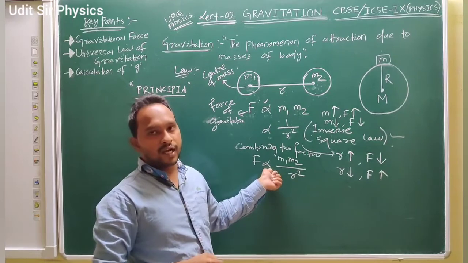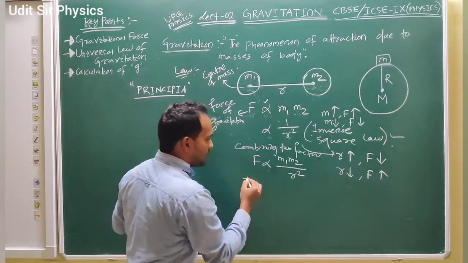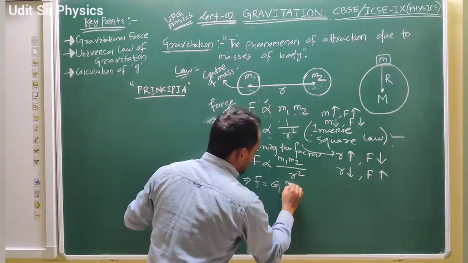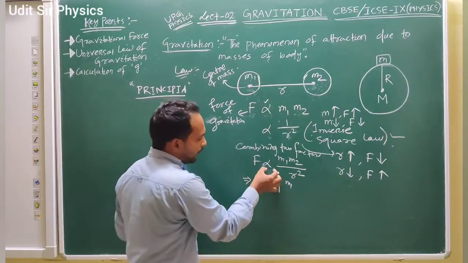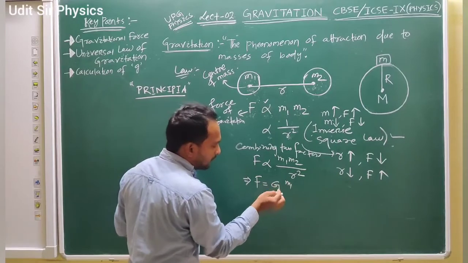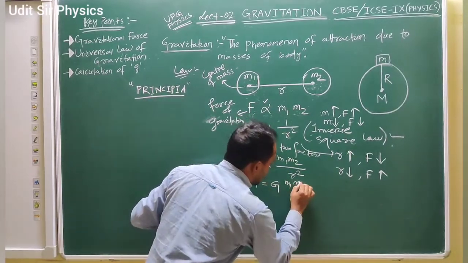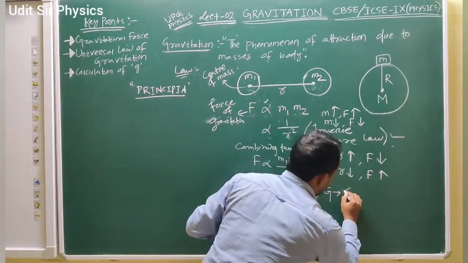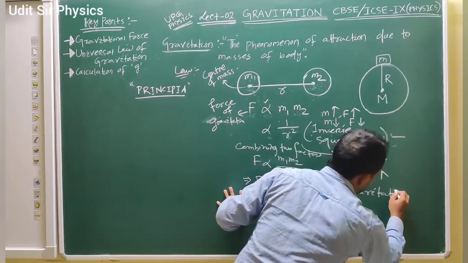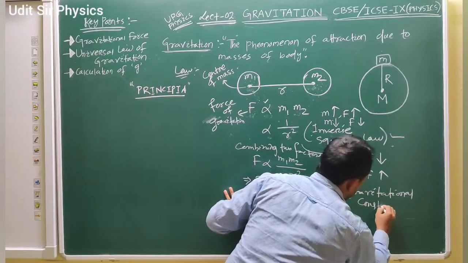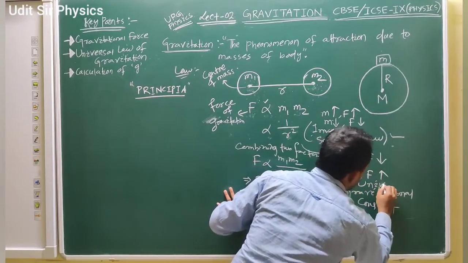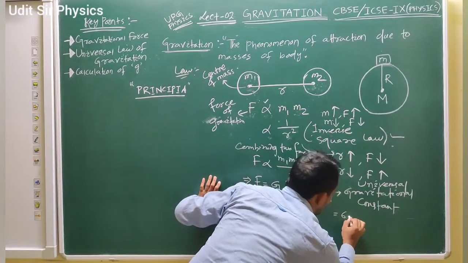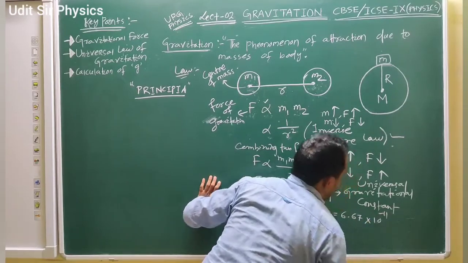To remove the proportionality, we keep a proportionality constant, that is capital G. According to mathematics, you know very well, we remove the proportional sign and write the proportionality constant, where capital G is the proportionality constant, and G is called the gravitational constant, also called the universal gravitational constant, and its value is 6.67 into 10 to the power minus 11.